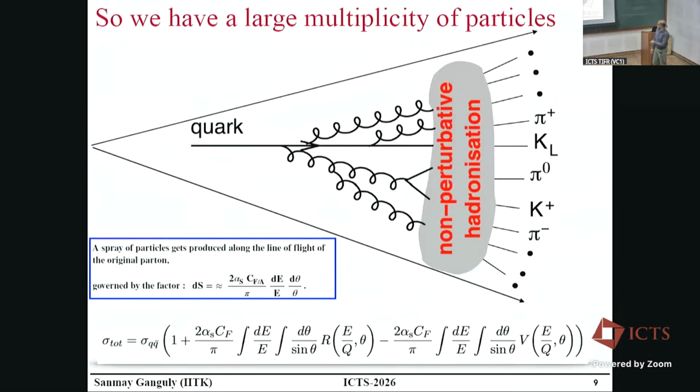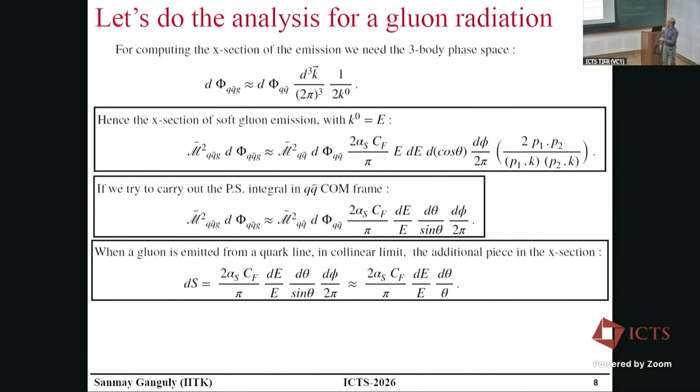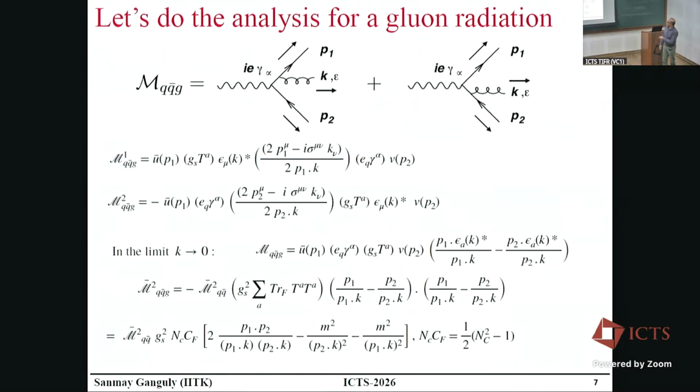And when you look into this, you see that when we sum over the real emission diagram and the virtual correction, there is a cancellation. You remember that if we go back to this set of diagrams, all of you have computed that what corrects the charge renormalization is a virtual gluon exchange.